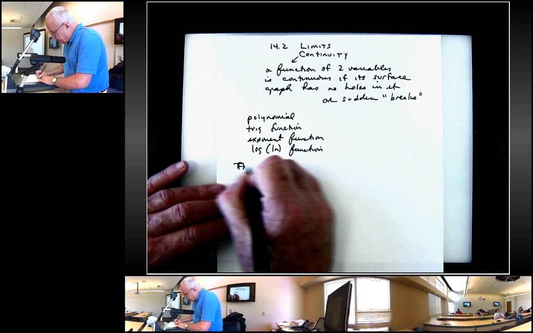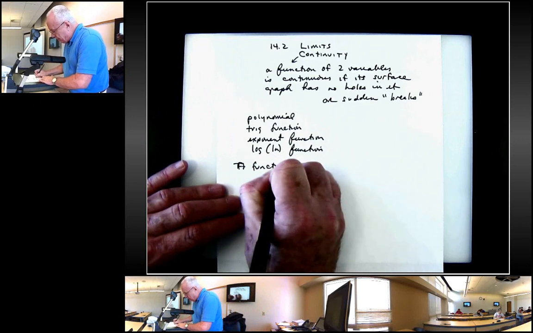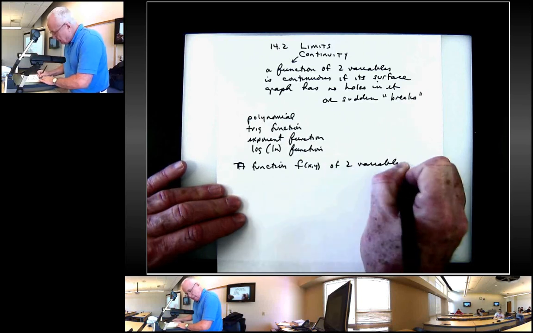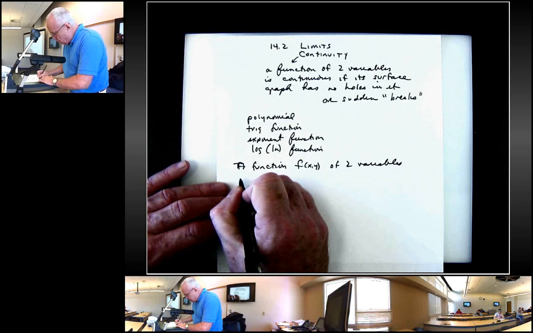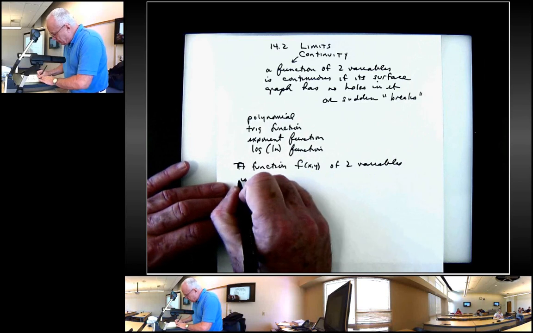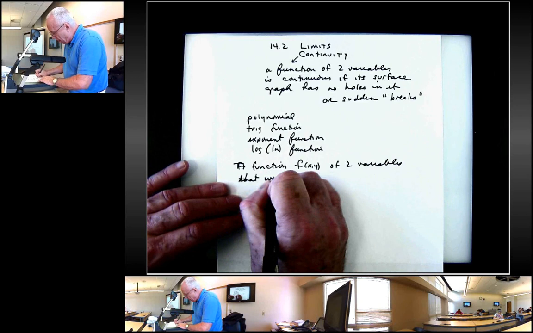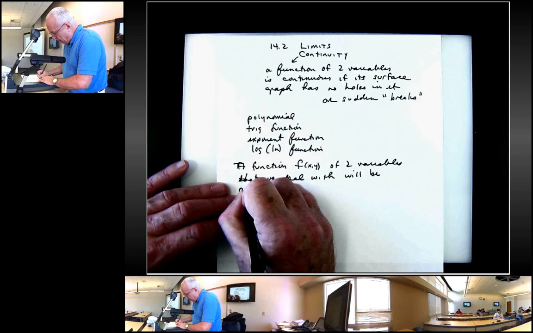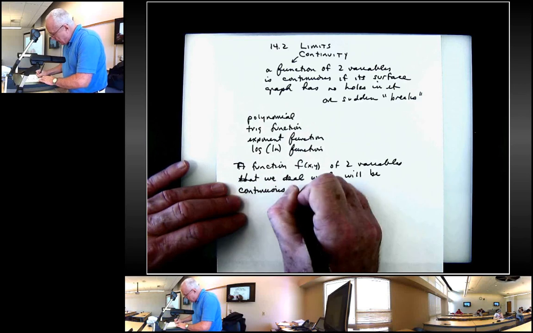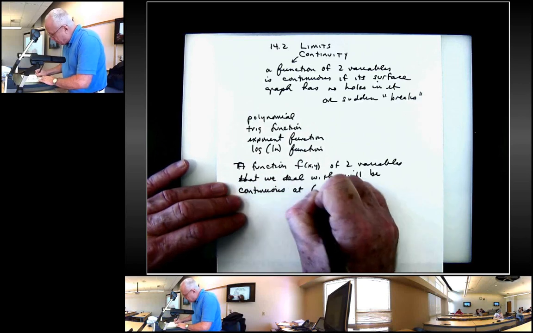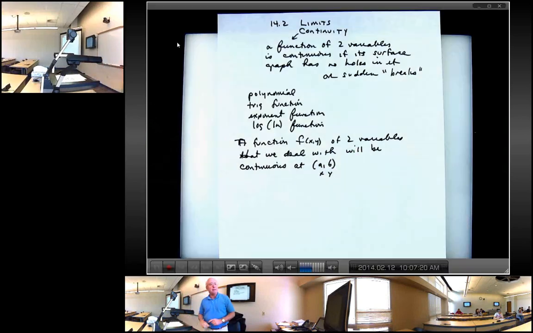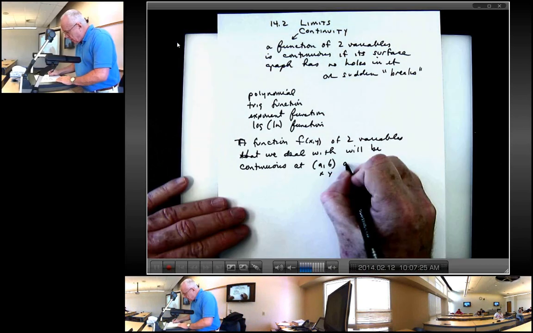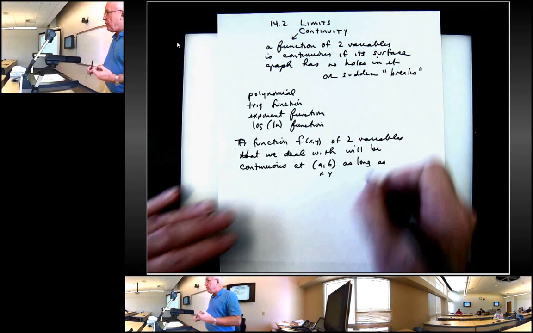A function f(x,y) of two variables that we deal with will be continuous at the xy point a comma b for a specific x and y input value, as long as it has an actual value at a comma b.